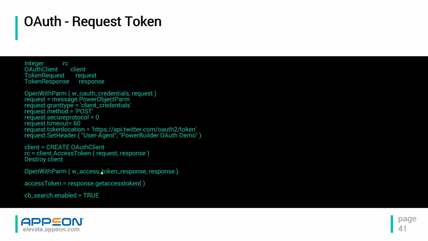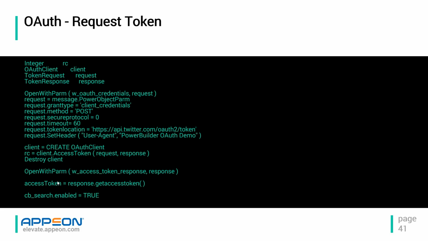What I'm going to do here, and this is just for demonstration purposes, I'm going to take my token response, and I have a window that displays everything that came back in the token response. You don't need to do that. That was just done in this demo to show you what came back from the service. The main thing I'm interested in from the response is the access token.